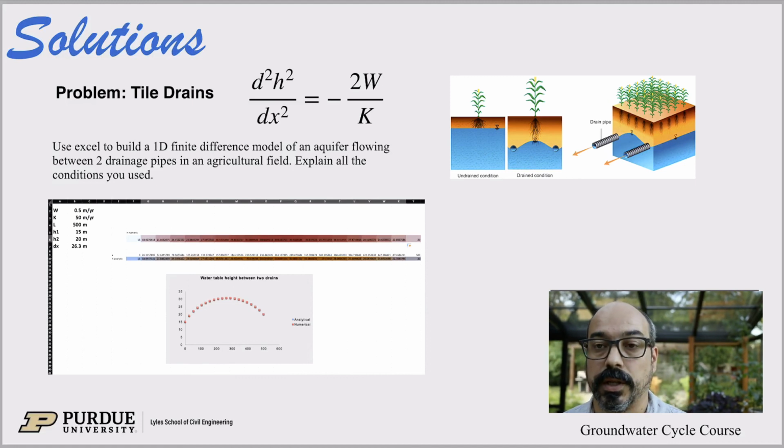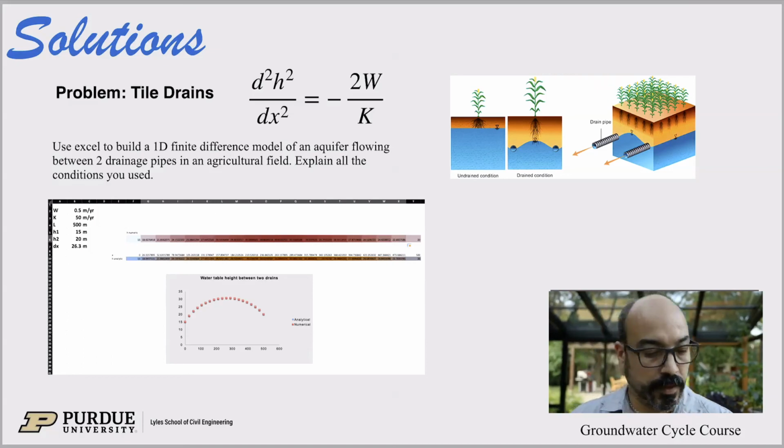You have a solution in the drainage lecture for this equation, but you can also write a finite difference equation for it, following the steps in this lecture. And this is an example on the bottom left of an Excel file that does just that. In red is the numerical equation, and you can see it's an exact match to the analytical solution.